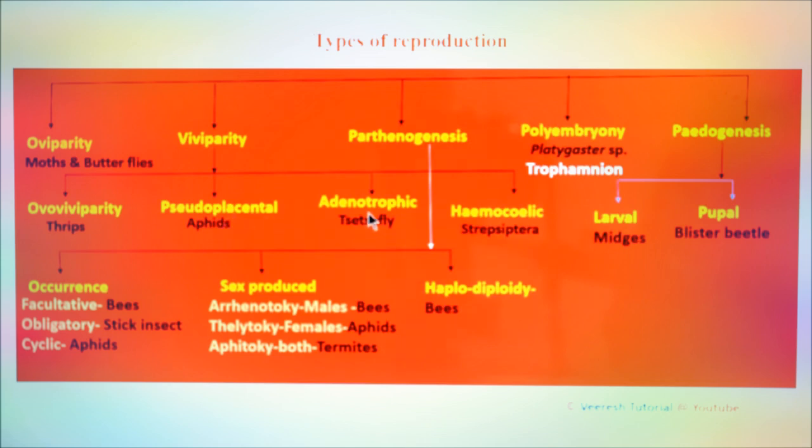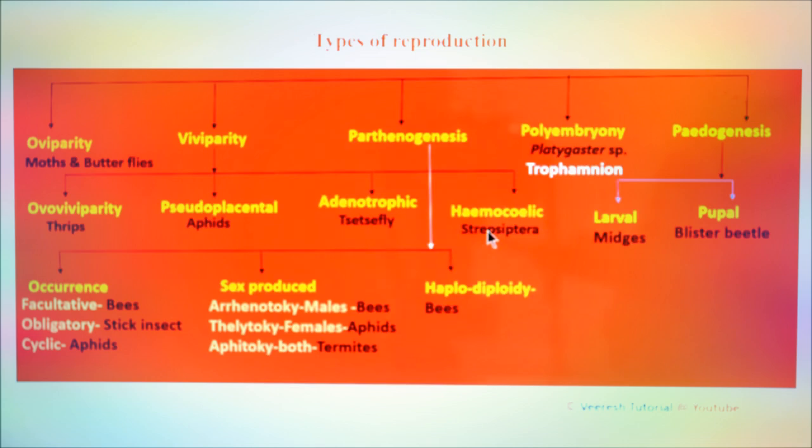Adenotrophic viviparity means that a poorly developed larva hatches inside the uterus of the mother and then feeds on milk gland secretion of the female. Usually the female deposits a fully grown larva and they undergo pupation immediately. So you can see this type of reproduction in tsetse flies and in some bat flies also.